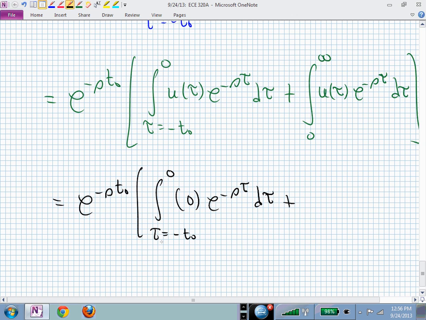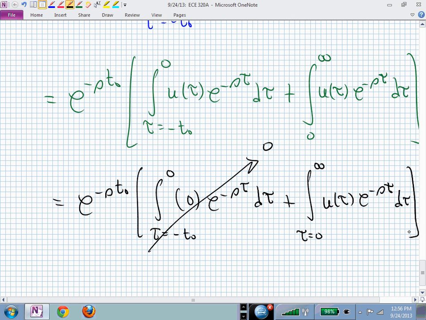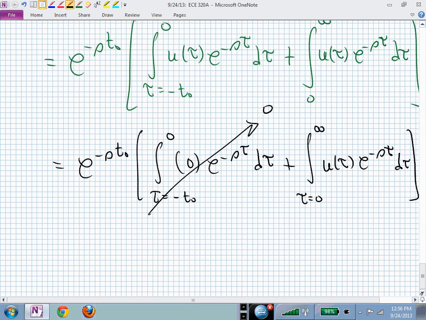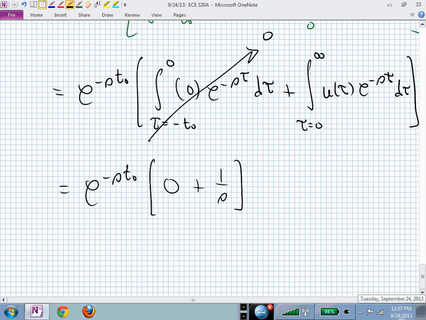So that first integral is gone, and now I just have to go from tau equals 0 to infinity, u of tau e to the minus s tau d tau, and that we've already integrated in the previous example, right? That's the exact formula that we had before, so I now have e to the minus s t0, and the only thing I have left in this bracket, if you'll believe me, is just 0 plus 1 over s.